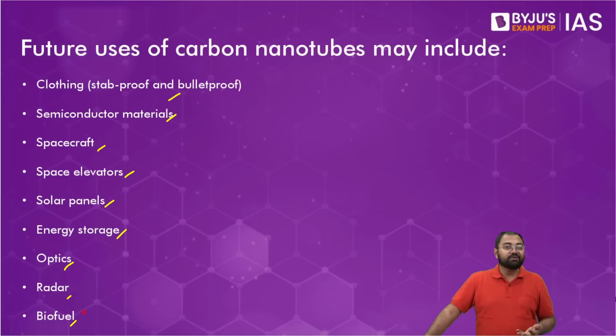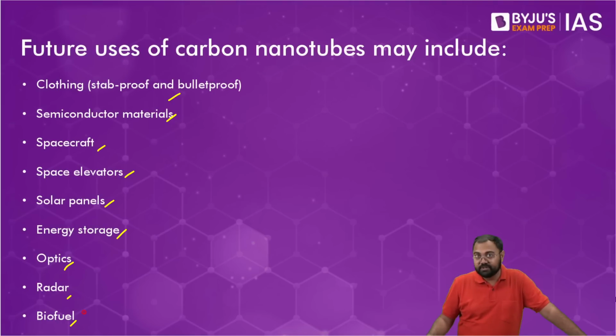We probably have not even achieved 10 or 20% of everything that nanotechnology can do. The various ways in which nanotechnology can become useful for us is unbelievable in some of these cases. But we do see that there's a future, and we do see that there's a scope where nanotechnology can become very, very useful.